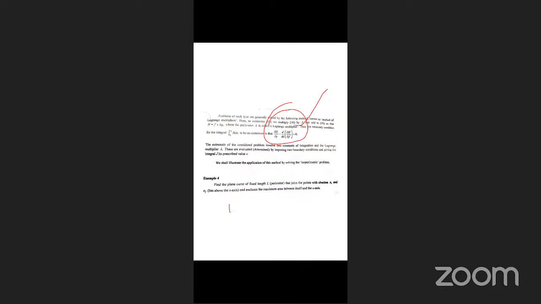Okay. Now here is one problem. Find the plane curve that has a fixed length, length being nothing but the perimeter, and joins the points x1 and x2 on the x-axis, and encloses the maximum area between itself and the x-axis.